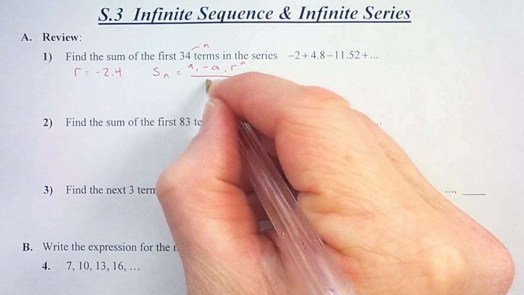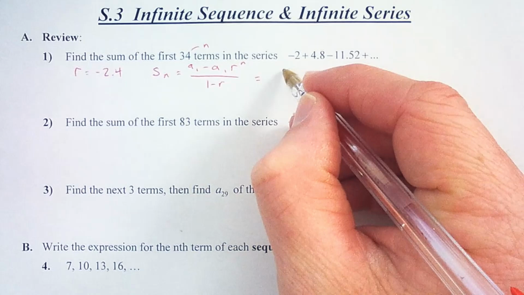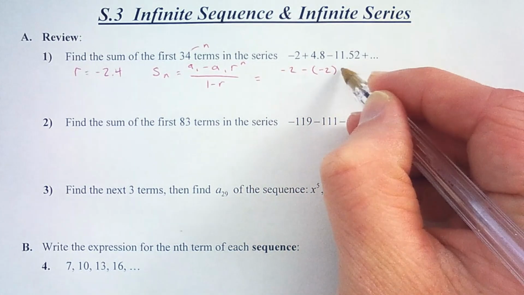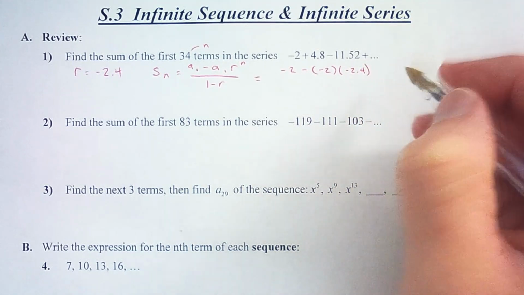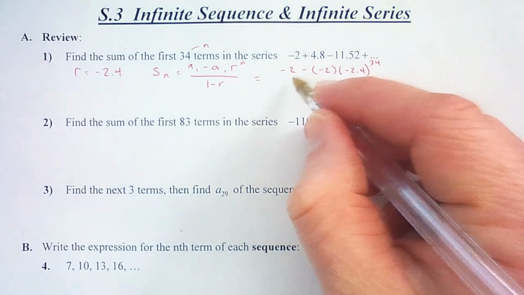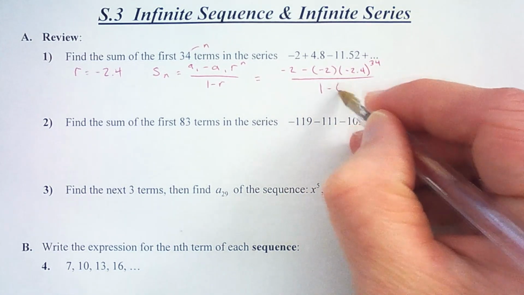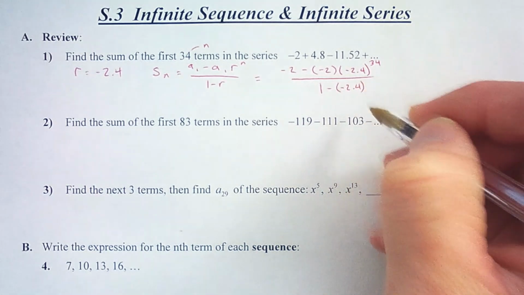And that's all over 1 minus the common ratio. So we have negative 2 as term 1 minus negative 2 times r, which is negative 2.4, to the nth power, n is 34, all over 1 minus r. So that's 1 minus negative 2.4.